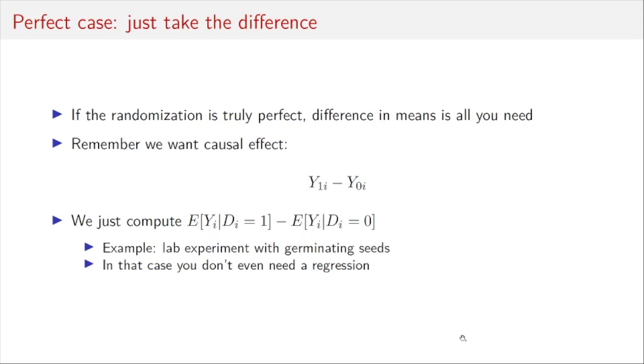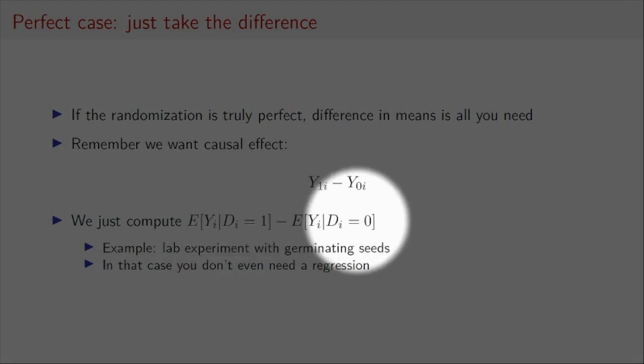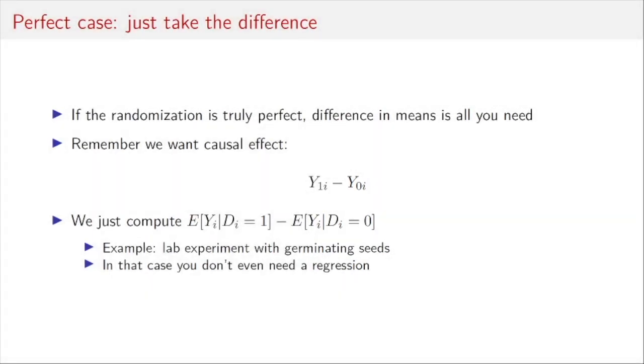Remember that the causal effect is y1i minus y0i, and under perfect randomization, we can just take the expected values of y1 and y0. So that is simply the mean for those with treatment equal to 1 and the mean for those with treatment equal to 0. The lab experiment is a good example. In that case, you don't even need a regression to measure the impact. You just take the difference.